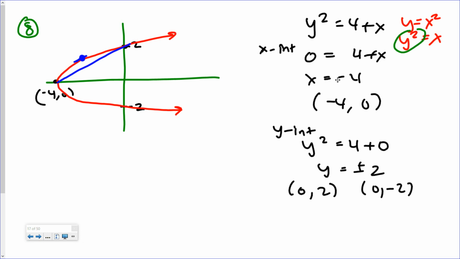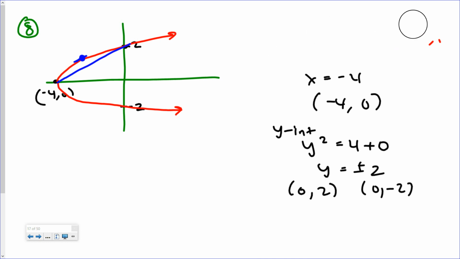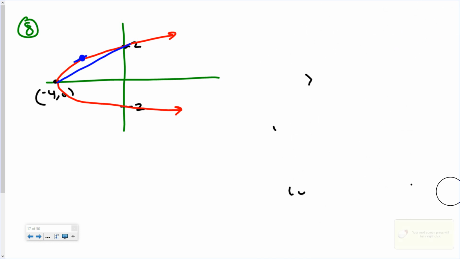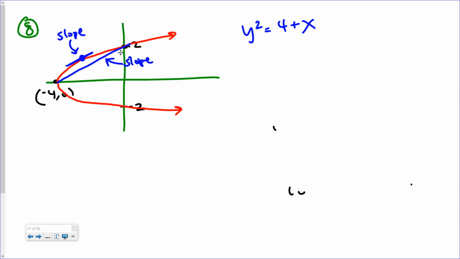Okay, so what do I know about this problem? I know the function is y squared equals 4 plus x, right? I know that if these two lines are parallel, what do I know about the slope? So what's the slope of this one?